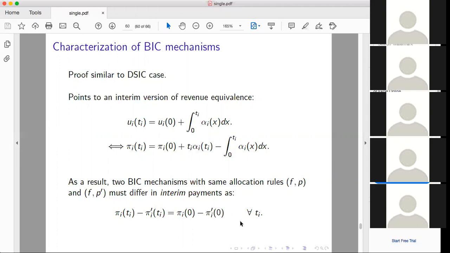What it means is that if two mechanisms have the same interim payment for the lowest type, that is π_i(0) = π′_i(0), then the interim payment at every type is the same. The mechanisms, p and p′, might potentially be different, but the interim payments are the same. The expected payment of a type is the same if the expected payment of the lowest type is the same.